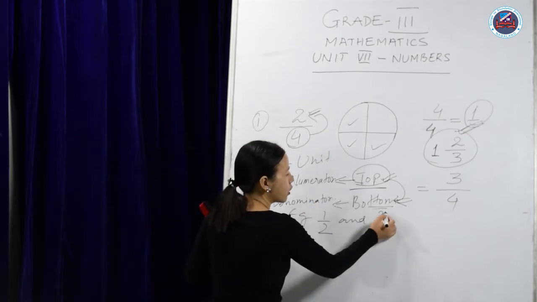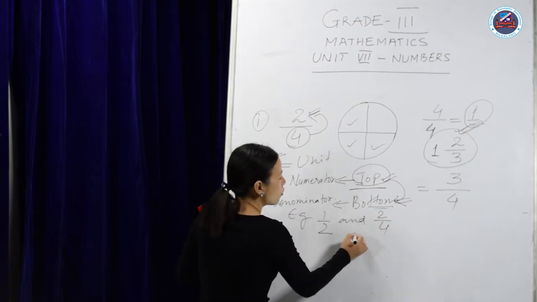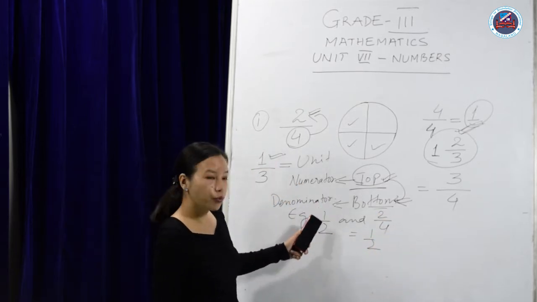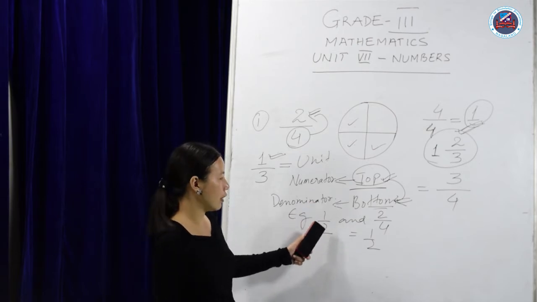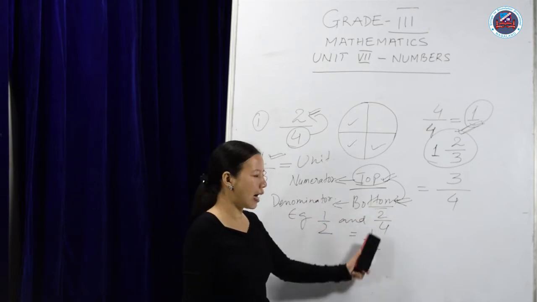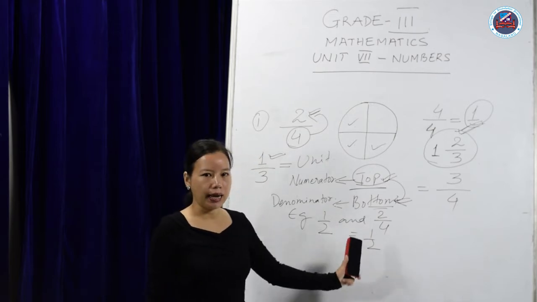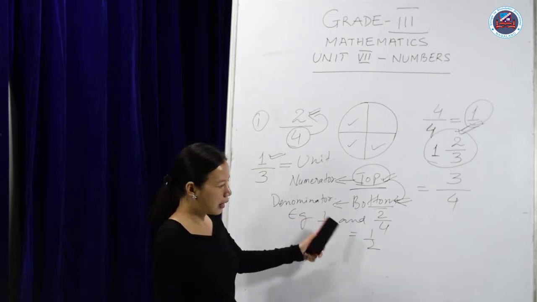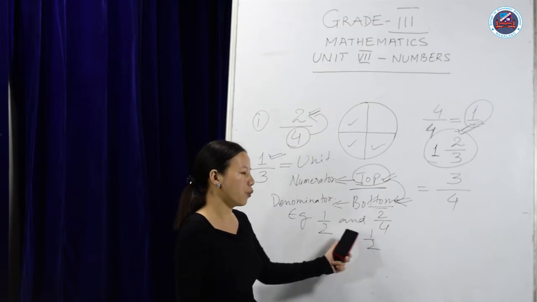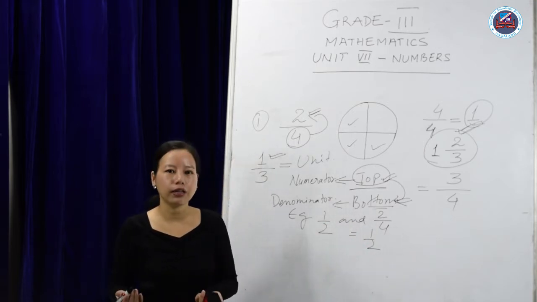And half of 4 is 2. That means the value is half, just 1/2, right? So we call it an equivalent fraction. The top number will be different, but the value will be the same. Half of 2 is 1 and half of 4 is 2. The value is half, right? So we call this type of fraction an equivalent fraction.